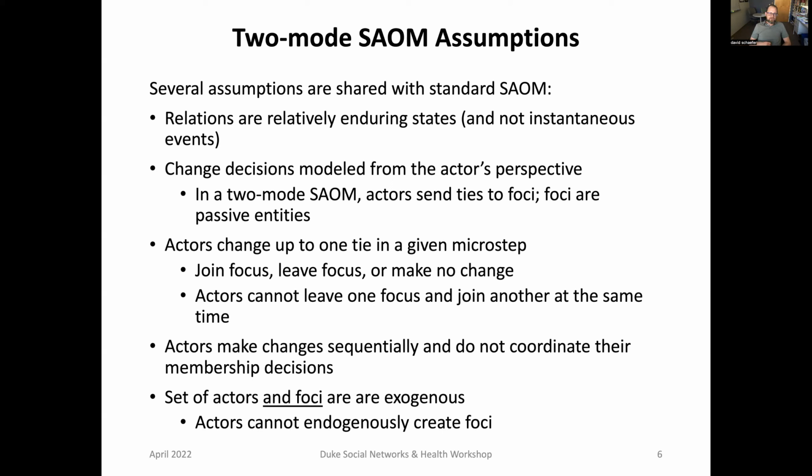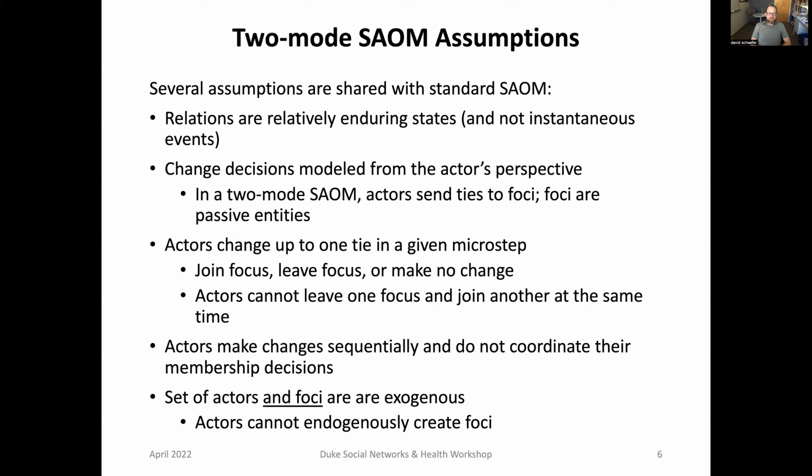So an actor might join a focus, leave a focus they're already a member of, or make no change to their set of memberships. Actors can't leave one focus and join another at the same time. That's part of this being a Markov process, with change one tie at a time.